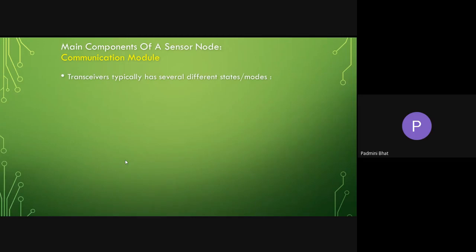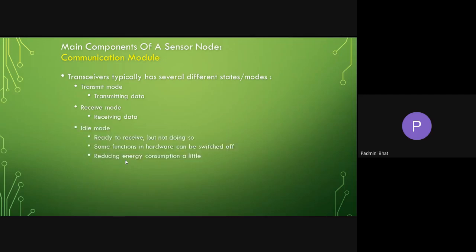Transceivers typically have several different states or modes. I was telling you about transmit mode and receive mode. One more is idle mode. When can I think of idle mode of the communication module? When data is sent and the next data is taken after 6 hours, for example.